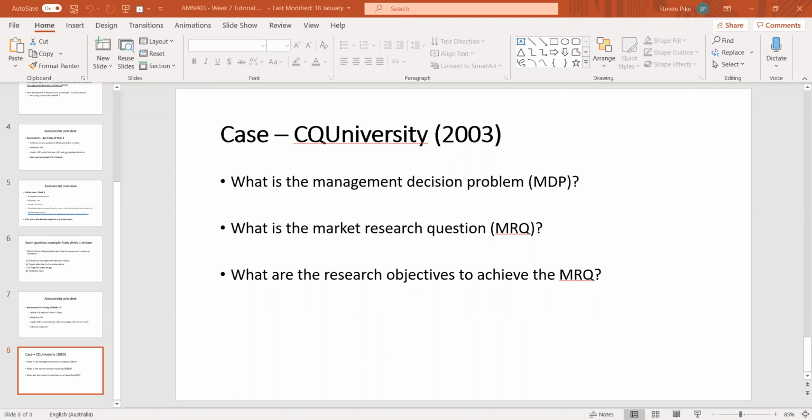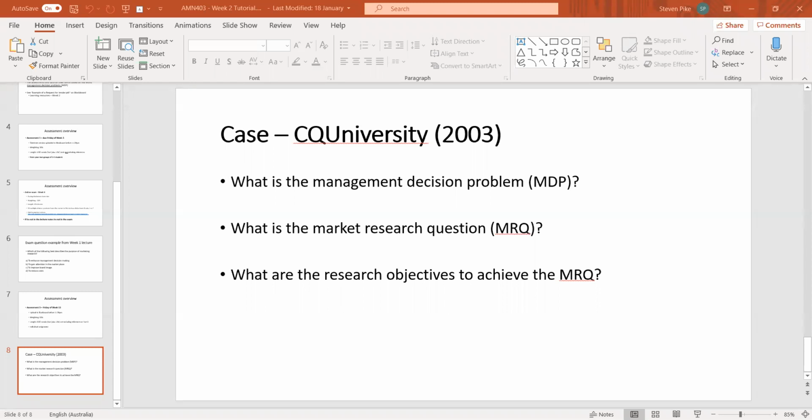So at this stage, I'd suggest you, again, just pause the recording and have a think about how you could break that market position construct down into 2 research objectives, which would be worded as to do something. So if we undertake the research to achieve these 2 objectives, we find out the answer to our question, and that is how CQU is positioned in the minds of year 12 high school students.